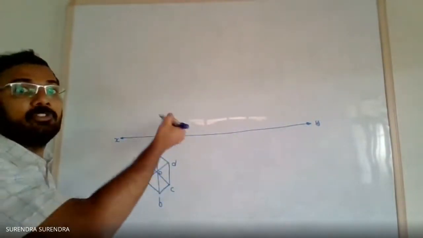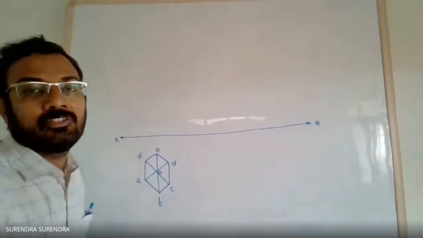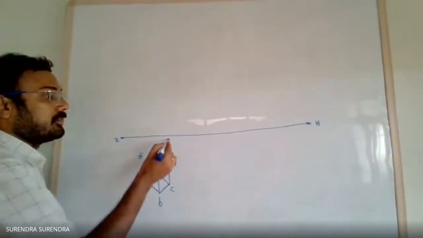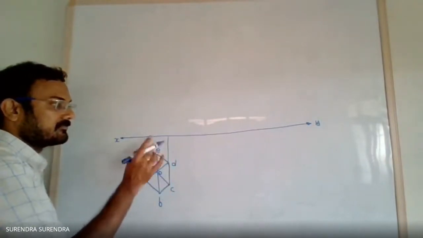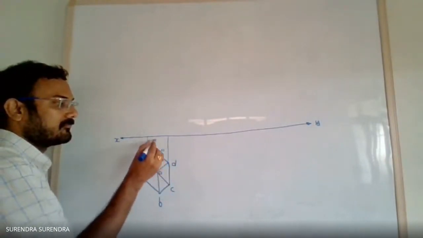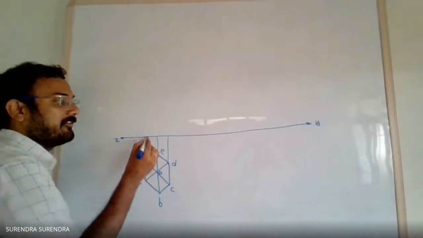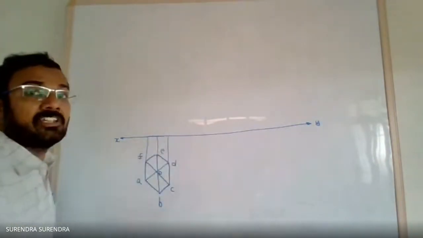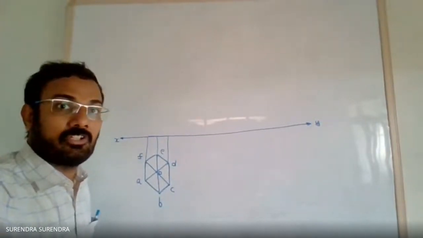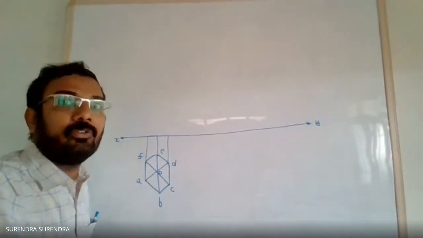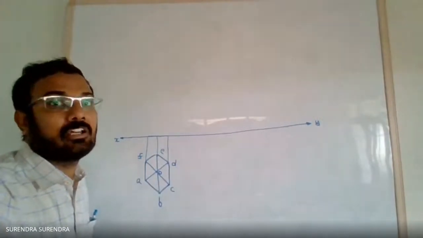Now, with respect to the top view, draw the projections for the front view from each and every point. As it is resting on the ground, in the initial position also we must draw the front view as resting on the ground.